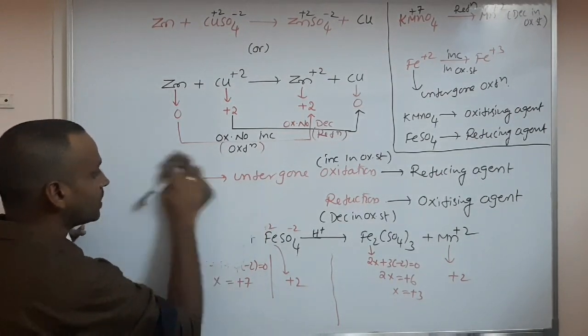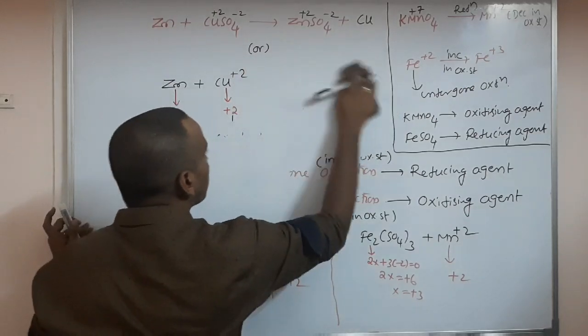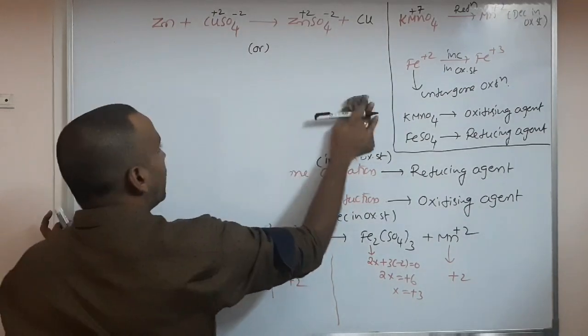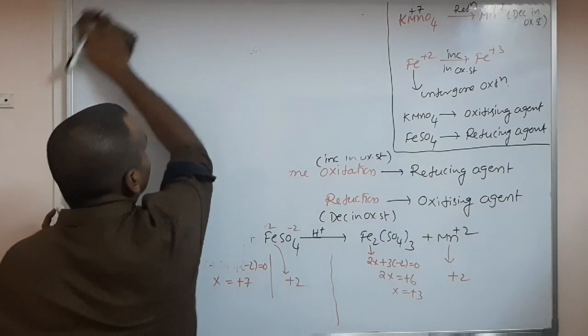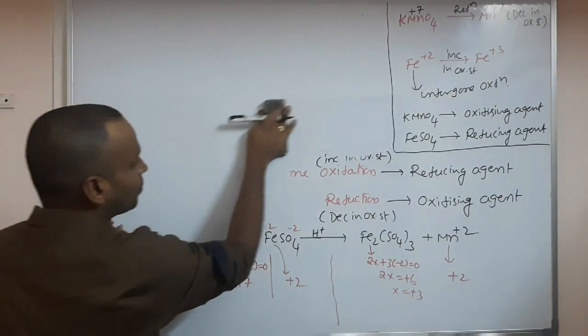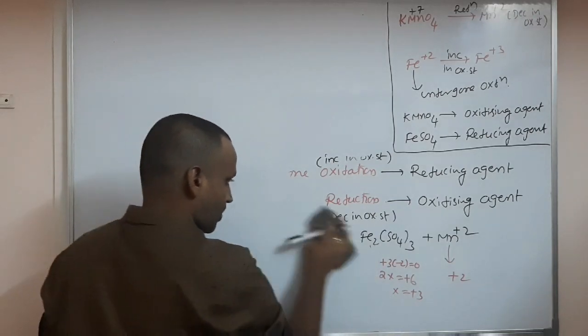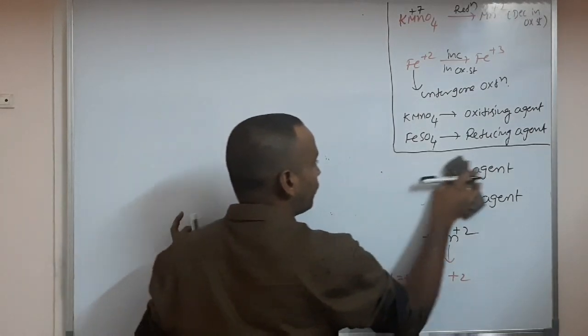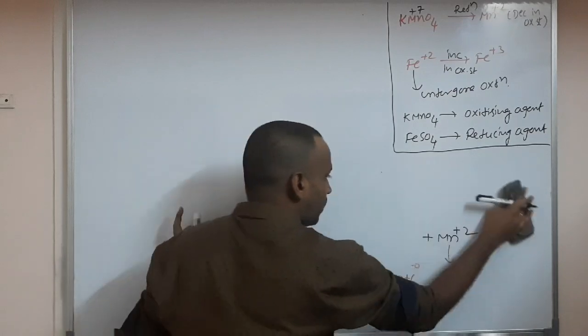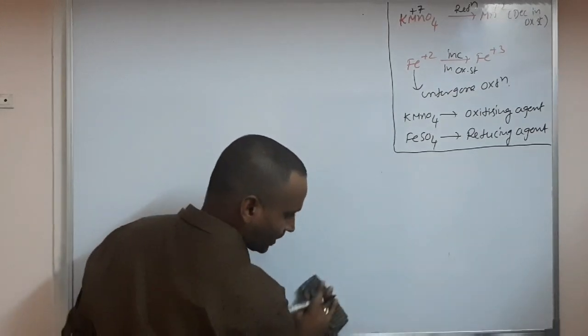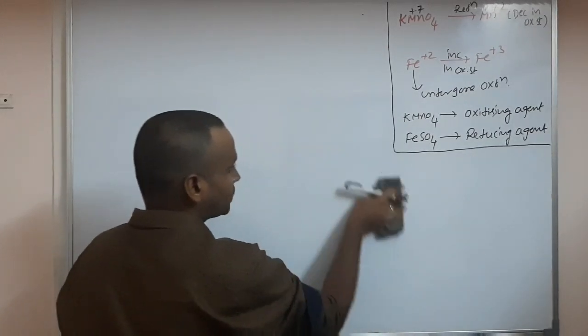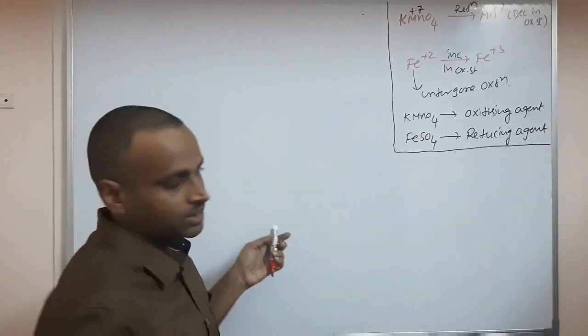Okay. Next, the most important thing is how to identify. Two examples, okay, we understood. So 10 examples, 20 examples, it does not matter. How to identify whether reduction happened or oxidation happened. If reduction happened in a particular species, that is the oxidizing agent.